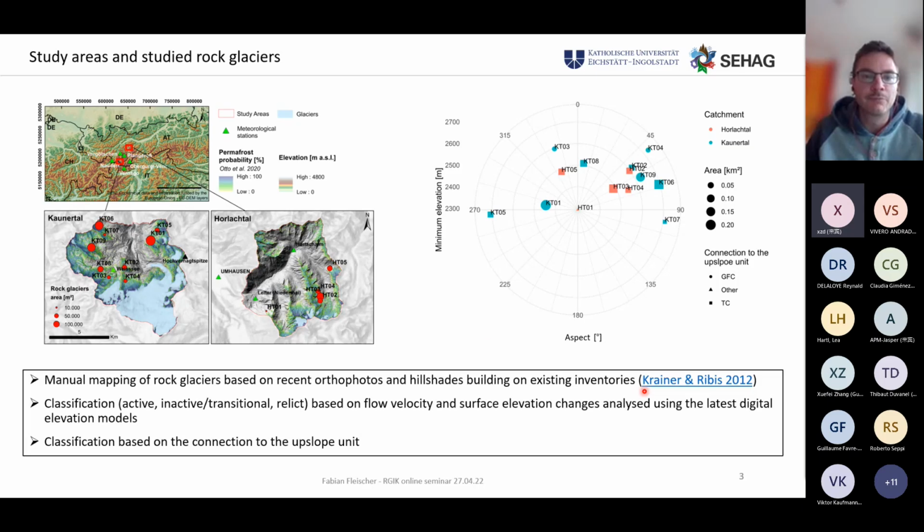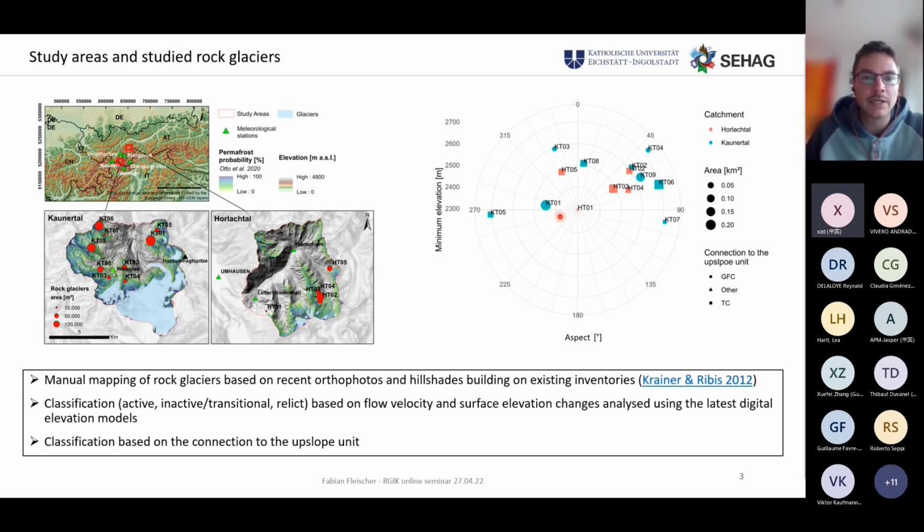To give an impression of the rock glaciers we studied, I plotted some of the characteristics like the minimum elevation, the aspect, the area, and the upslope unit in this whole diagram. The studied rock glaciers range in area from about 7,700 square meters at this rock glacier to 0.2 square kilometers at this rock glacier.